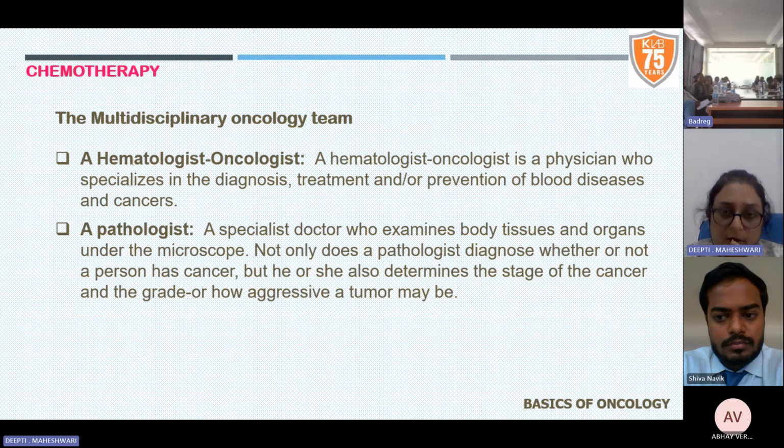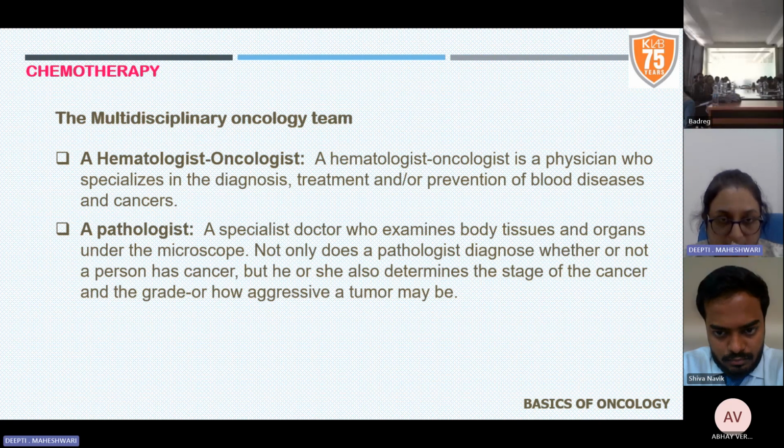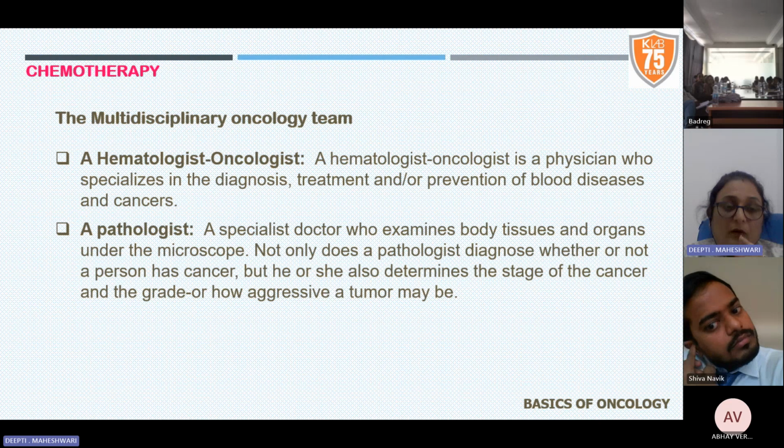Then there are also pathologists who examine the tissues of the tumor samples which we send. Like for a biopsy, you send a sample of the tumor to a pathology lab, and there is a pathologist who examines it under the microscope and sees whether it is a cancerous growth or not, and what the grade of the tumor is.